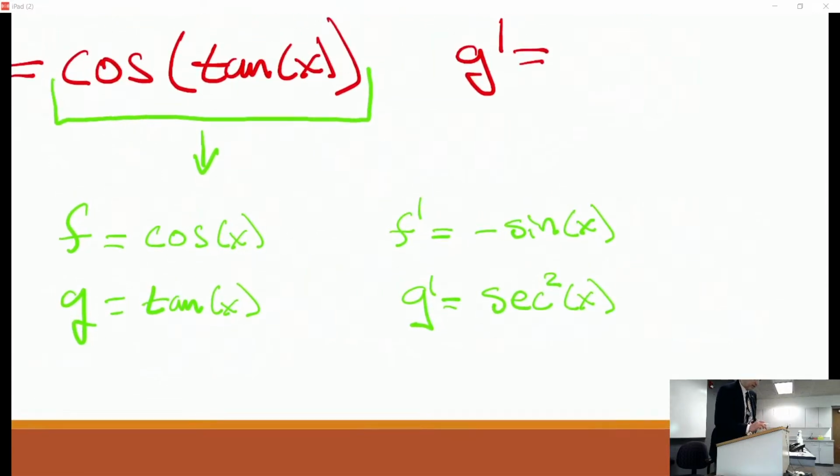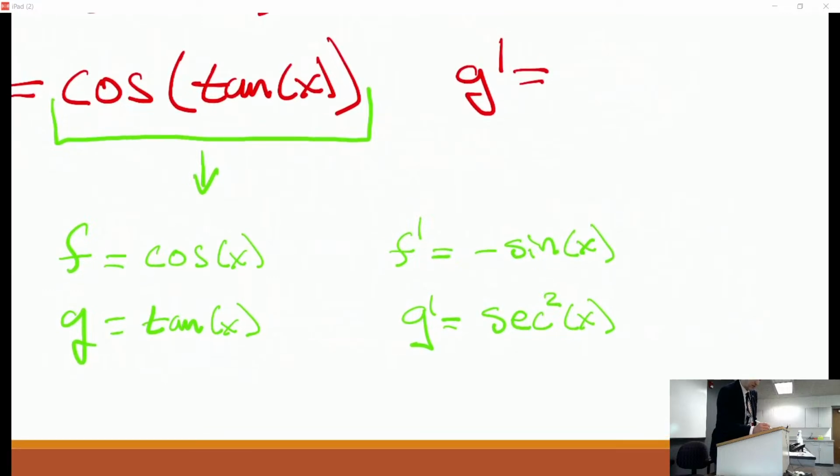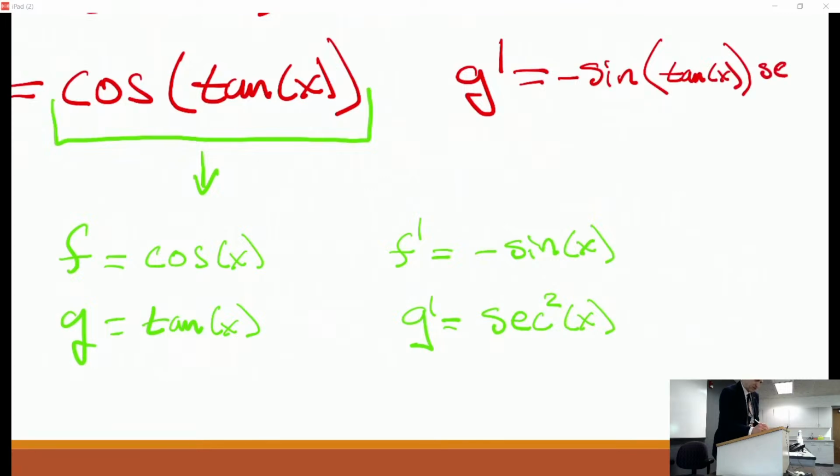So I need to get little g prime, the red g prime. I had to go to the green, and now I'm going to do the red. That is going to be f prime, that's negative sine of g, of the tangent, times g prime, secant squared.